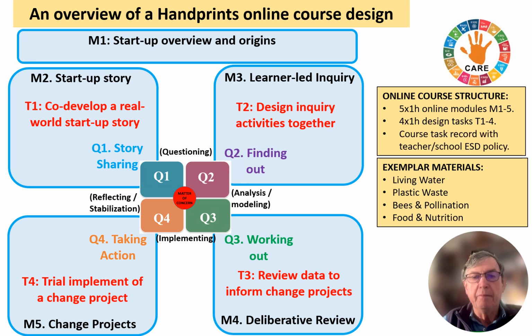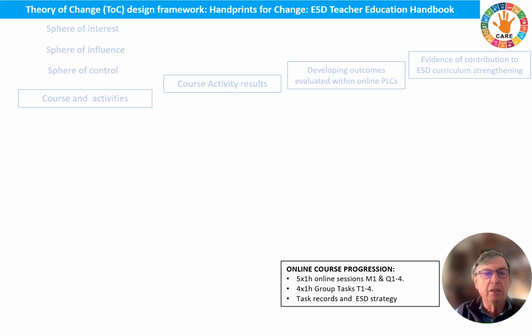We'd conclude with all of the assignments, the tasks being reported, and the teachers also developing a whole school policy framework in which they could work. If we wanted an evaluation of the program, we could use a theory of change approach for the design framework, and we could look at the handbook as the basis for it.